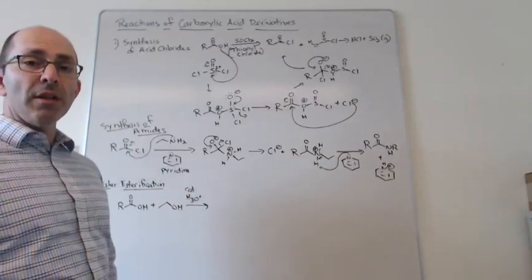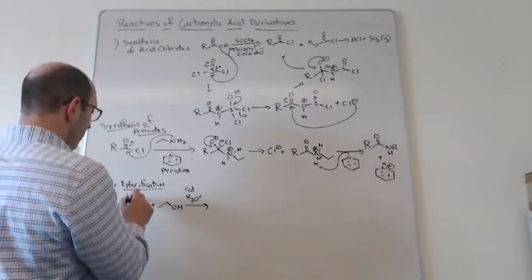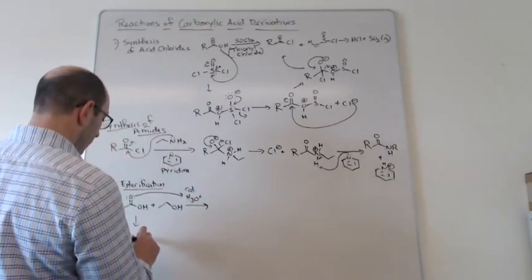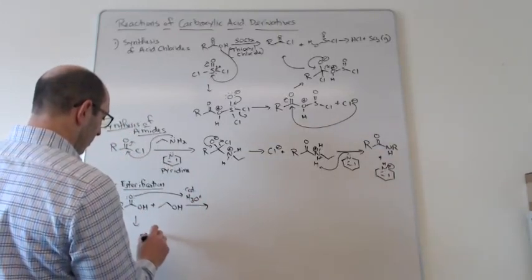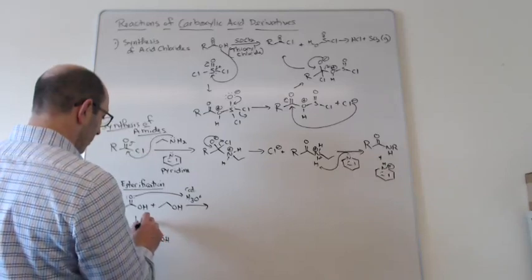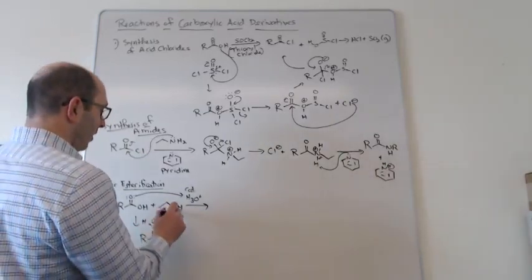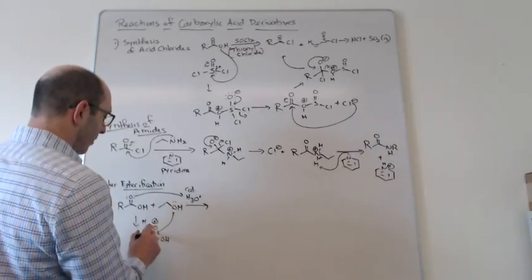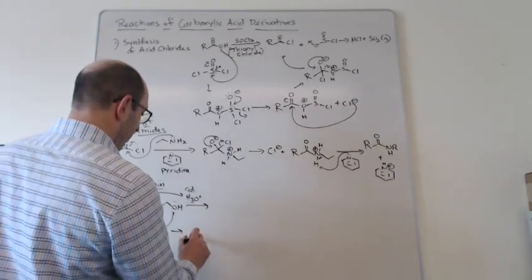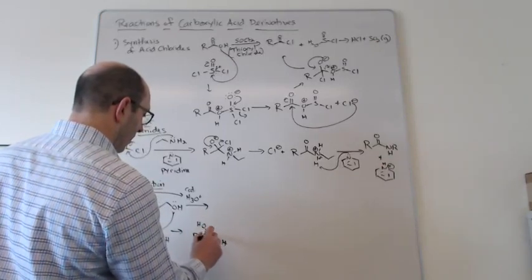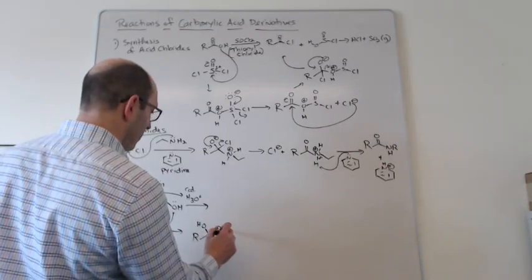So whenever we have acid, as we've seen previously, we're first going to protonate the carbonyl. Protonate the carbonyl. Now the alcohol can act as a nucleophile to add. That's going to form our tetrahedral intermediate.